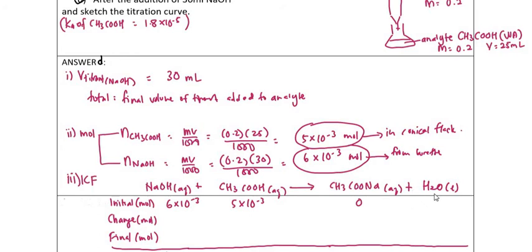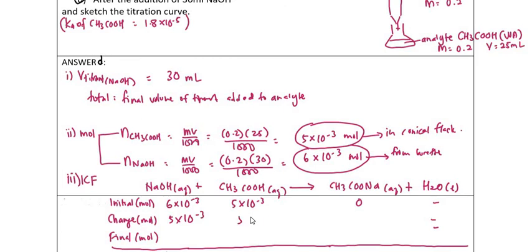The salt is not produced yet. H2O is not involved in the ICF table. As usual, you have to choose between these two reactants, which one is the limiting reactant? Choose the smallest number between 6 and 5.